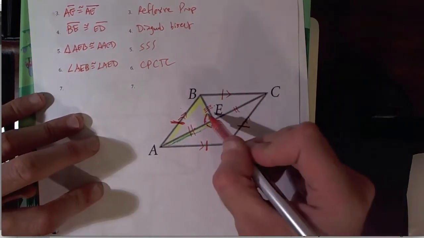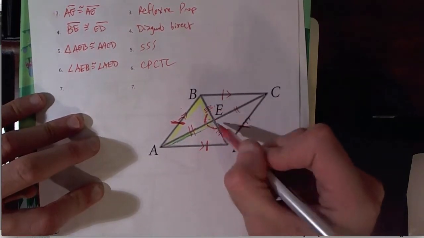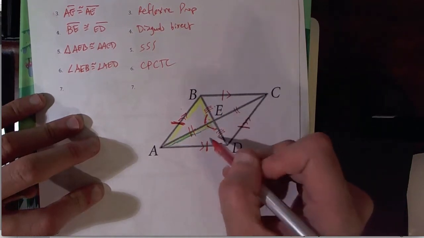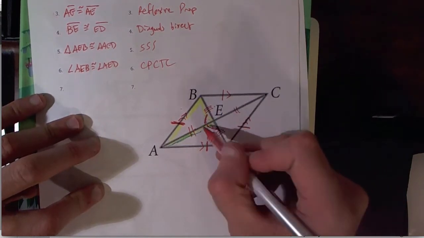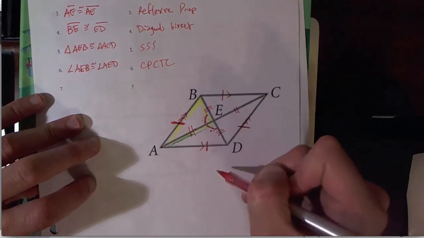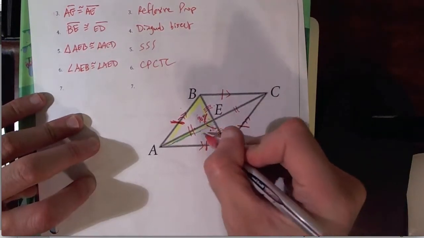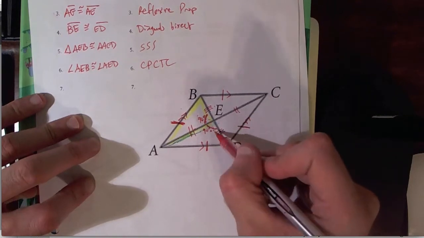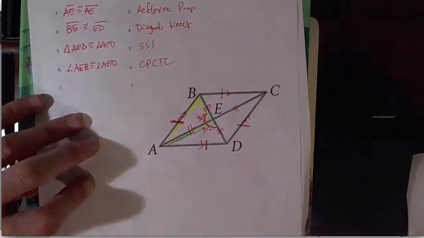But if we look carefully, if these are equal to each other, but together they make 180 degrees, what two numbers do they have to be? It can't be 80 and 80, that'd be 160. It can't be 70 and 70, that'd be 140, right? They both have to be 90 and 90. That's the only way to make two equal numbers add up to 180.